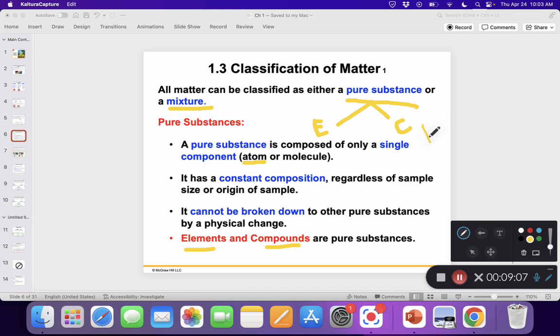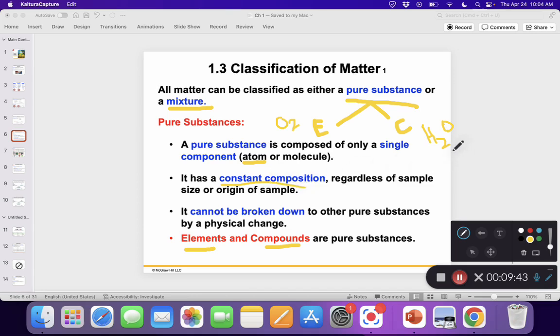The water that has the formula H2O is a compound because it has hydrogen and oxygen, two different elements. The oxygen gas is an element because it has only oxygen atoms in it. Regardless of whether they are elements or compounds, pure substances always have constant composition.